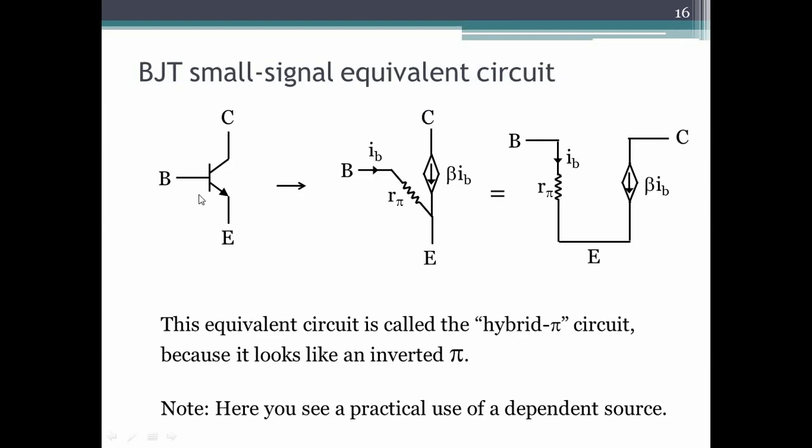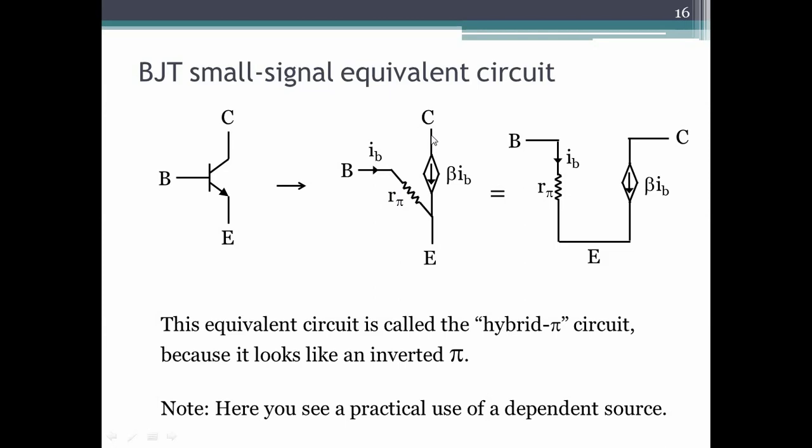So this is a transistor. So for AC, doing AC analysis, we'll place a resistor R pi between the base and the emitter. So now what do we get? IB is equal to the base emitter voltage divided by R pi, which satisfies that first equation.